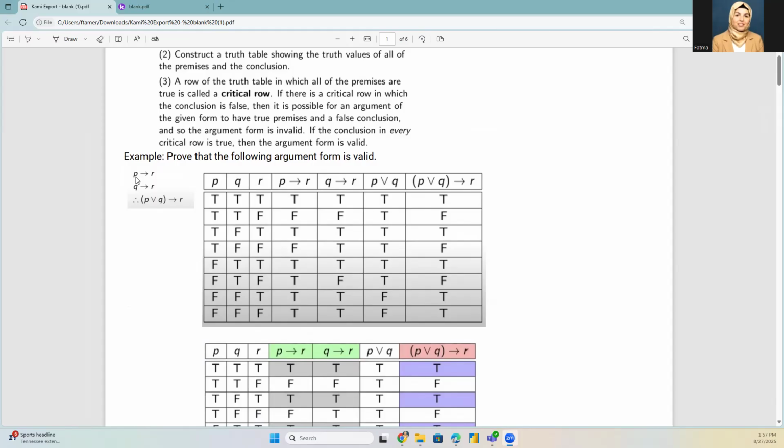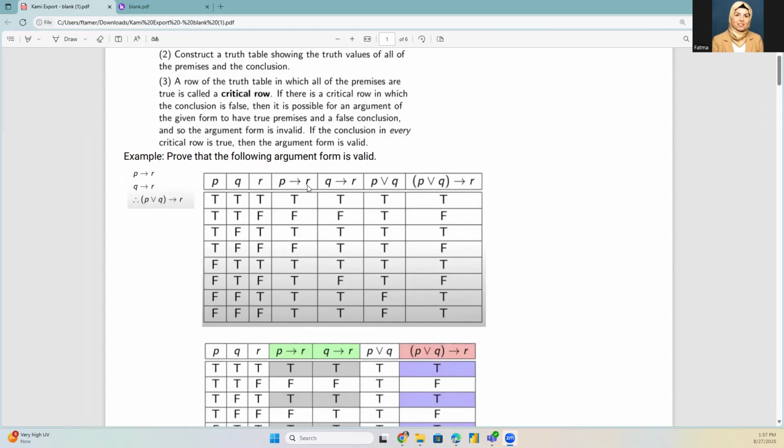First, we look at if P, then R. Remember from the very first lesson that this statement is false only one time: when the first one is true but the second one is false. So whenever P is true and R is false, we get false. Every other case gives a true statement.